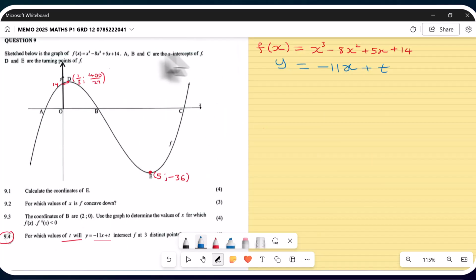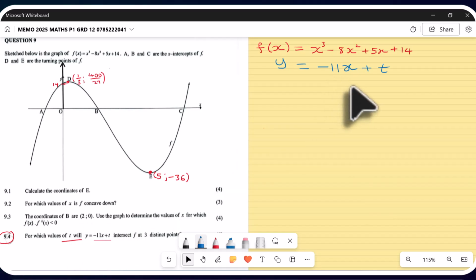If I may show you guys here, that line looks like this. This line, in blue, is what we're talking about. It has got a negative gradient, which is negative 11. Now check this out, guys. As you see this line now, it is touching the function at two points.